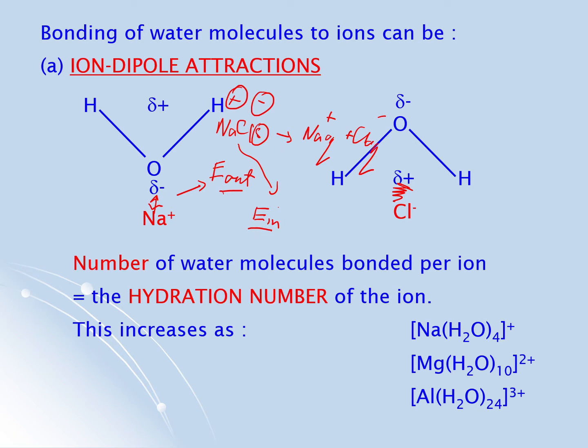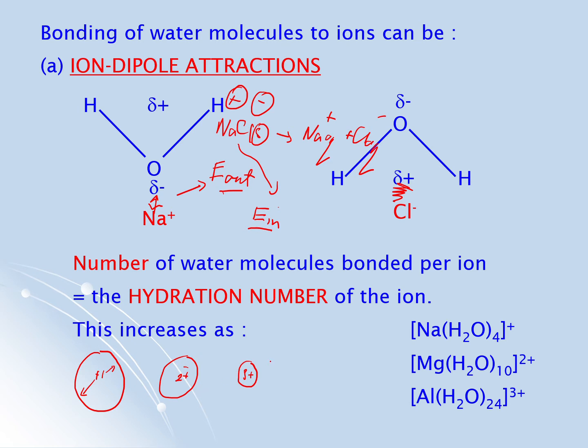So the answer to that is that sodium is the largest ion of the 3 of those, and it only has a +1 charge. So in other words, it has a +1 charge spread across a fairly large volume of space. Magnesium is more charge dense. It has a 2+ charge over a smaller volume of space, and aluminium is the most charge dense of the lot of them, and is a 3+ spread over a very small volume.